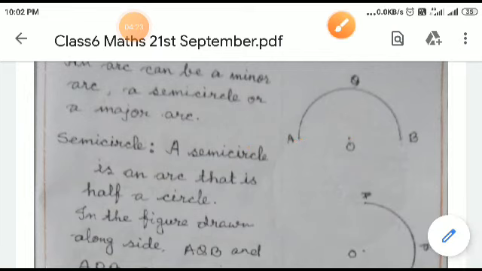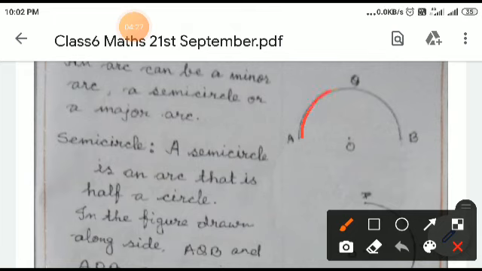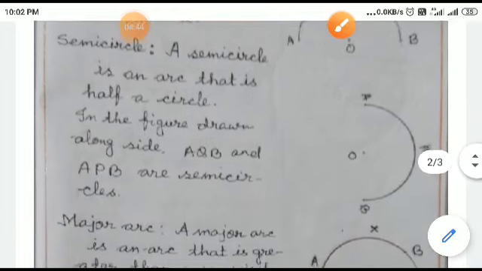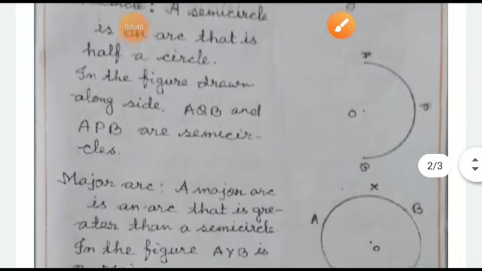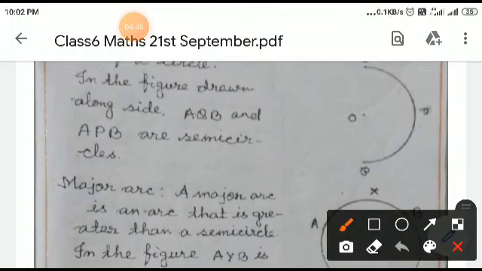Now, joining A and B, we get an arc which is half of the circle with center O. This is called the semicircle. So, a semicircle is an arc that is half of a circle. Here, AQB is the semicircle. This is also a semicircle.